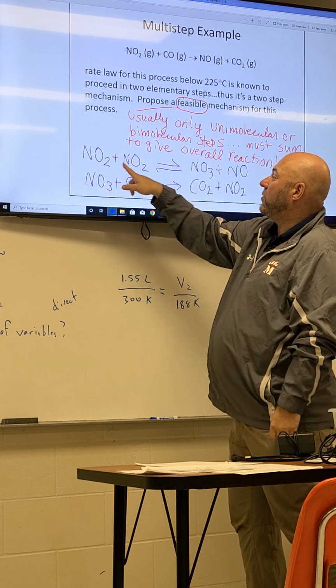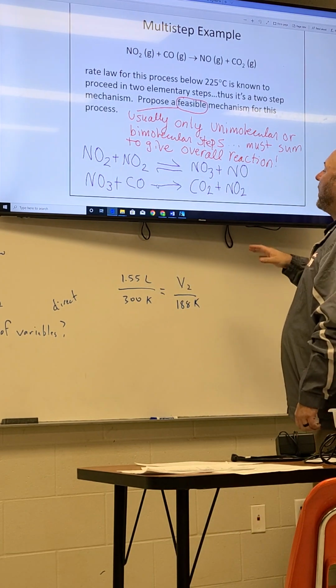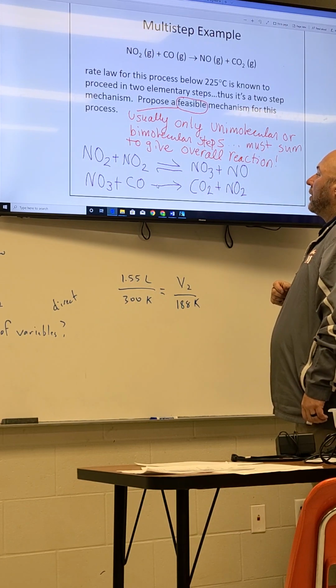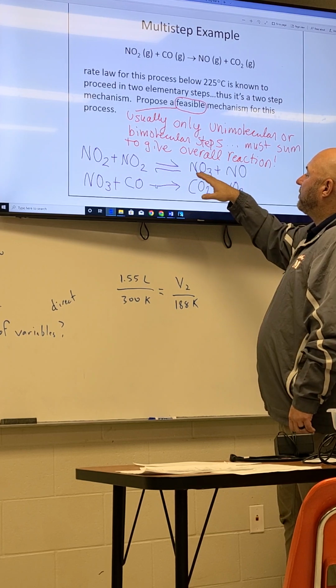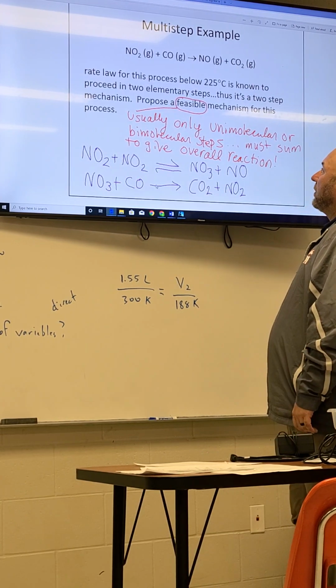So we could say that two of these NO2 molecules come together, and we know at some point we need NO as a product, and then we could have this intermediate NO3 that acts as a go-between.